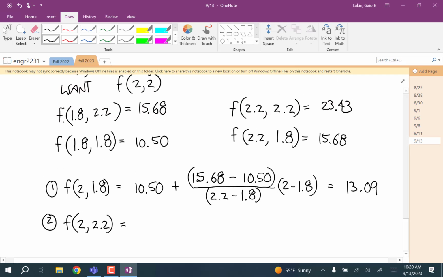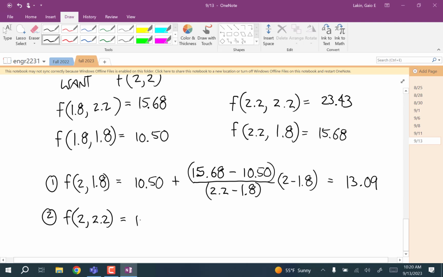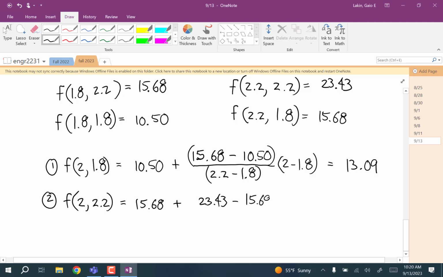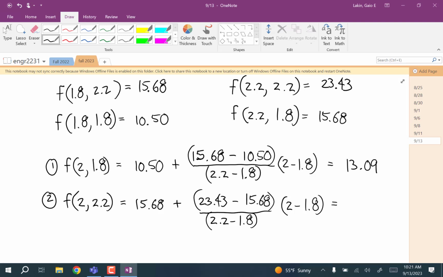So we'll go f of 1.8, 2.2, so 15.68, plus f of 2.2, 2.2, minus f of 1.8, 2.2, divided again by 2.2 minus 1.8, multiplied by 2 minus 1.8. And I get 19.56.